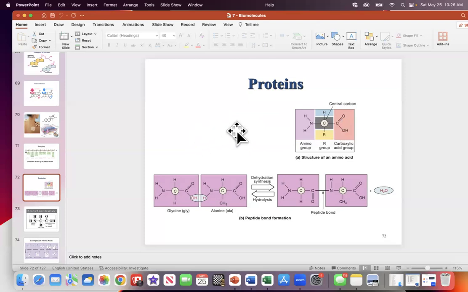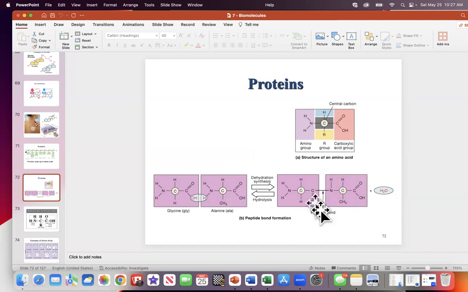When you have an amino acid and another amino acid, you connect them together. It's called dehydration synthesis because you remove an OH, remove an H, and now they form a covalent bond together. But for protein, this covalent bond has a unique name called a peptide bond, because on one side there is always a CO and the other has an NH.